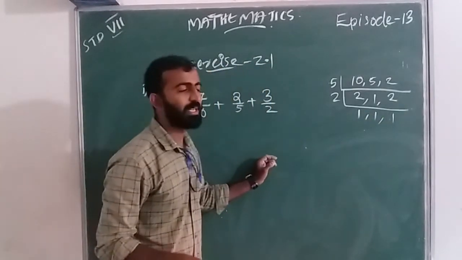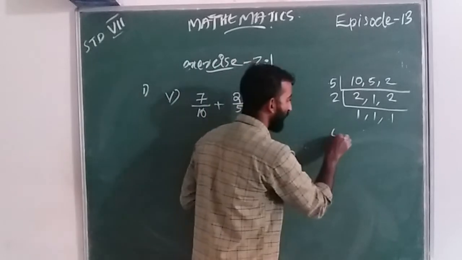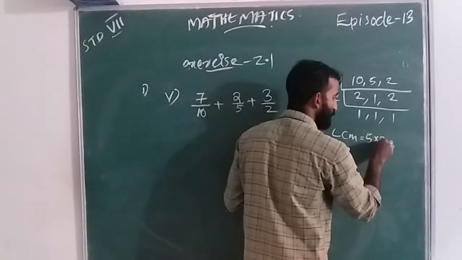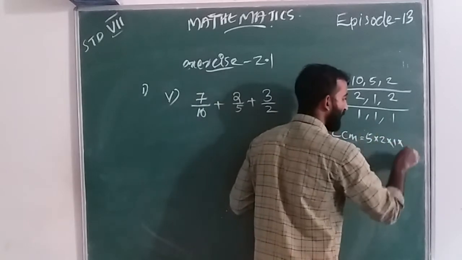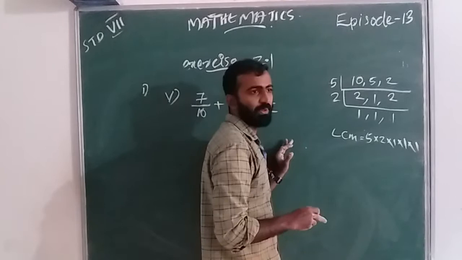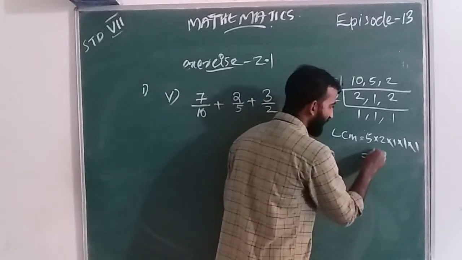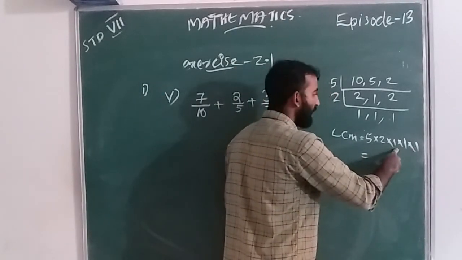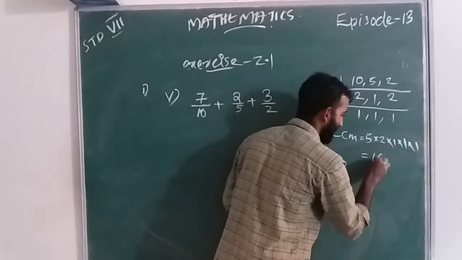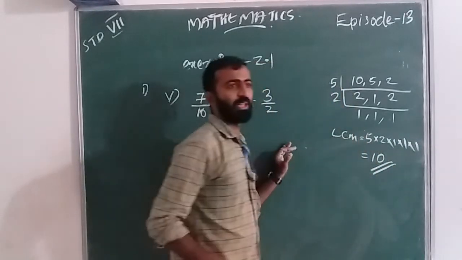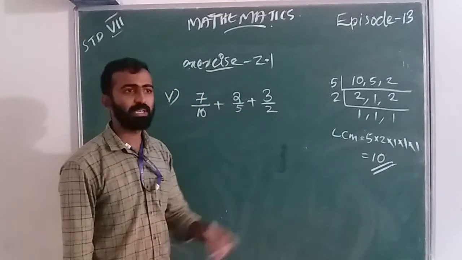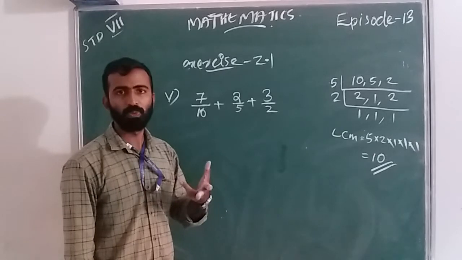Is it? Yes. LCM equals 5 into 2 into 1 into 1 into 1. That is 10. This is the least common multiple of 10, 5, 2.